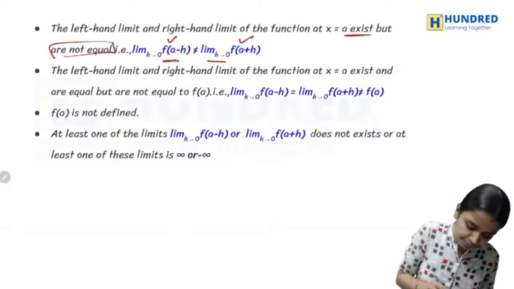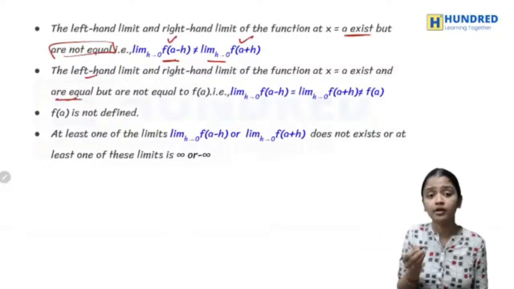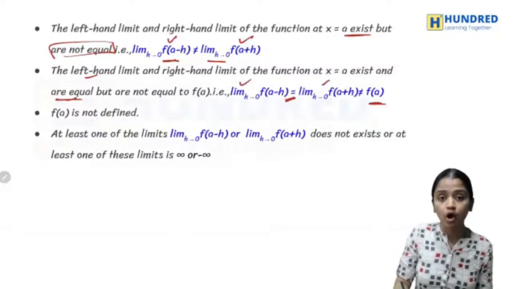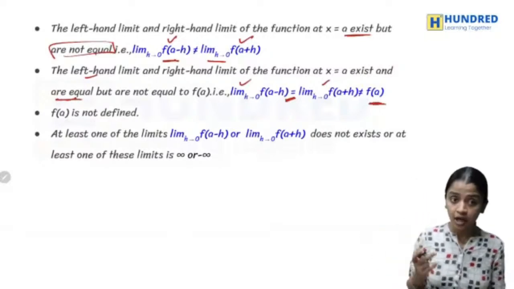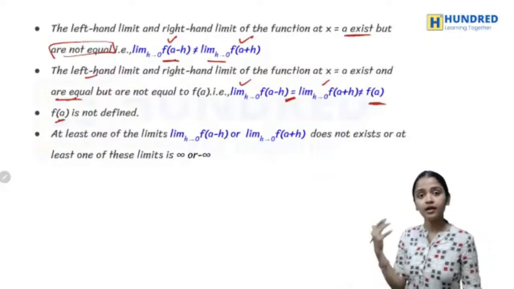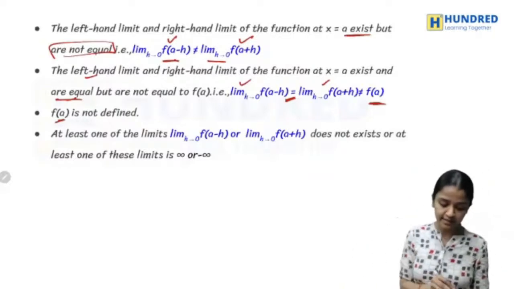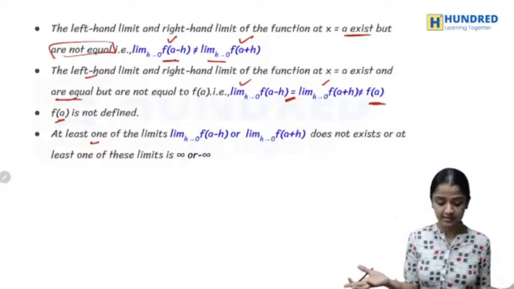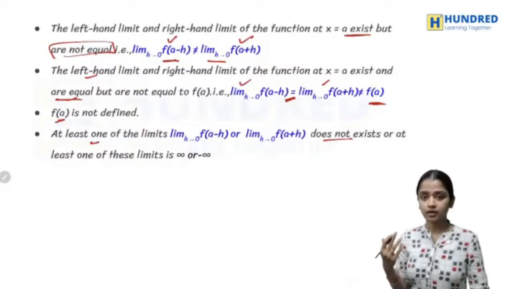Next, the left hand limit and right hand limit exist and are equal, but they are not equal to f of a, okay? In that case also you can say it is discontinuous. Other case, when we cannot find f of a itself, then you can say it is a discontinuous function, okay? And the fourth point is at least one of the limits does not exist. It is not necessary that both should fail. If at least one doesn't exist, then you can say it is not continuous.